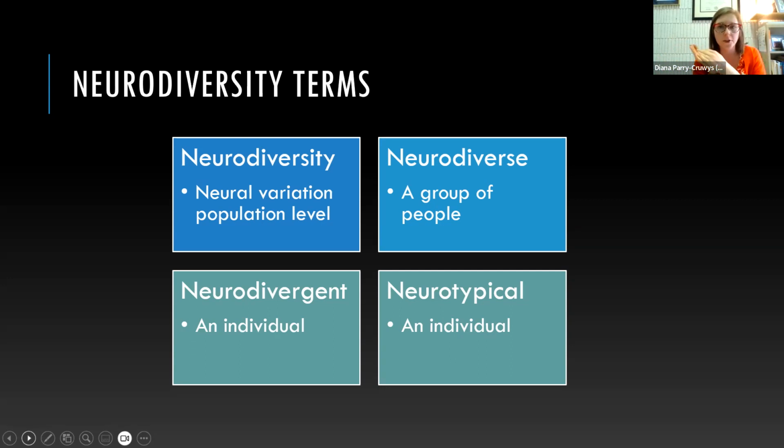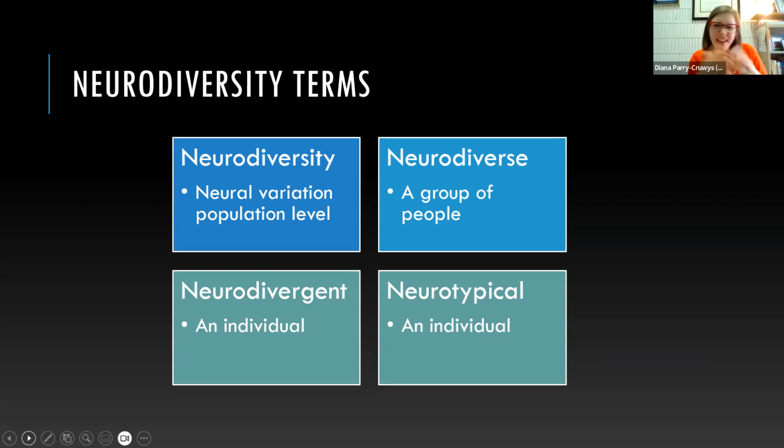And then at the individual level, we could have an individual who is either neurodivergent or what's also termed neurotypical. So a neurotypical person would be someone whose brain doesn't appear to be different from the quote unquote normal, right? If we think about the largest percentage of the population, how their brain seems to be organized, how their social interactions seem to be organized, the things that they generally find to be likable and comfortable, and the way in which the world works for them, that group is termed neurotypical.